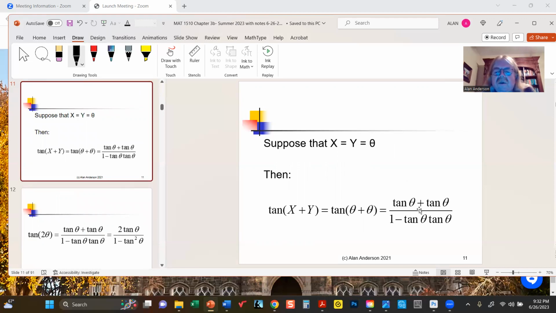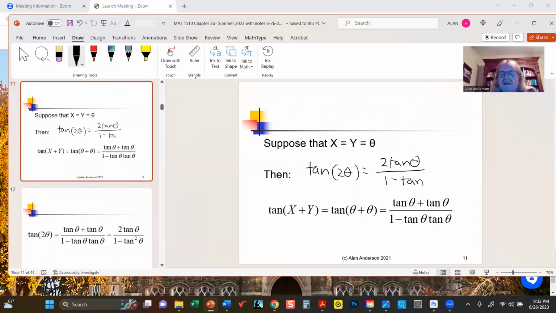Tangent of x plus y is tangent of theta plus theta. So ultimately, this tells me that the tangent of 2 theta can be written as 2 tangent theta over 1 minus tangent squared theta.